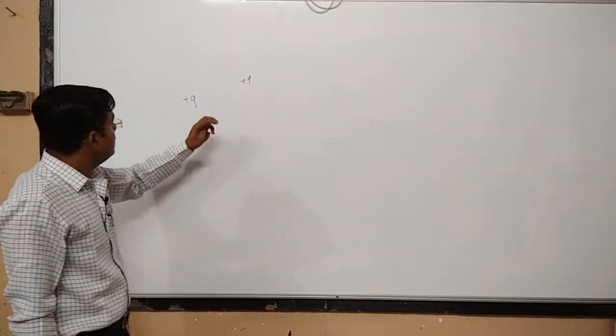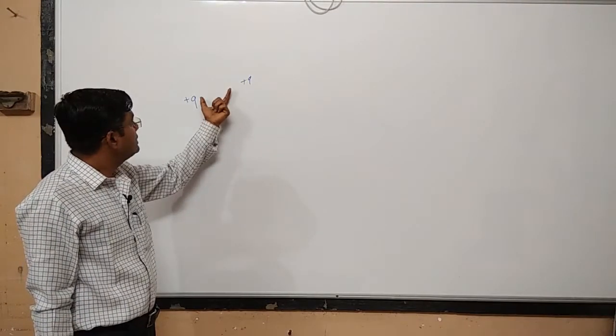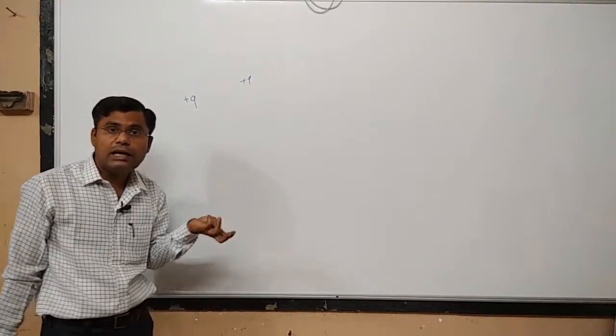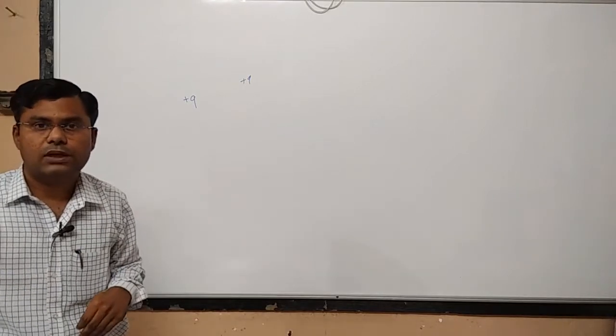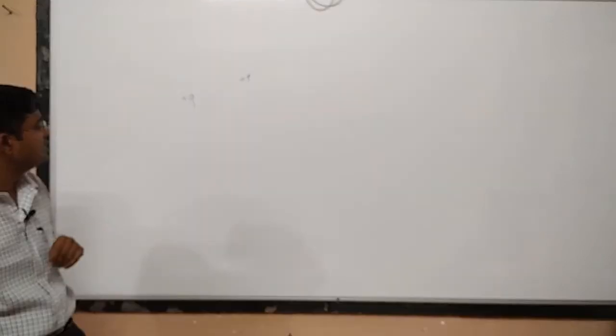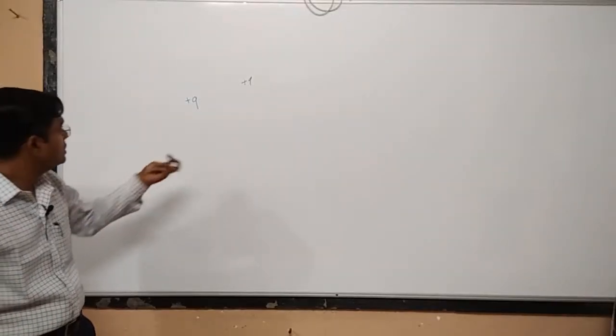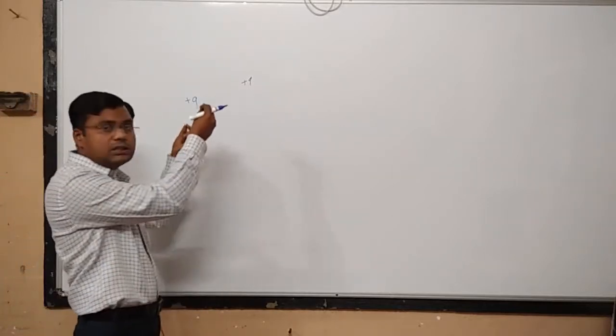Now you see that both these charges are separated by some distance. If they are separated by this distance, how are they experiencing the force? That was the biggest question at that time, in the 18th or 19th century. These two charged particles are not touching each other.